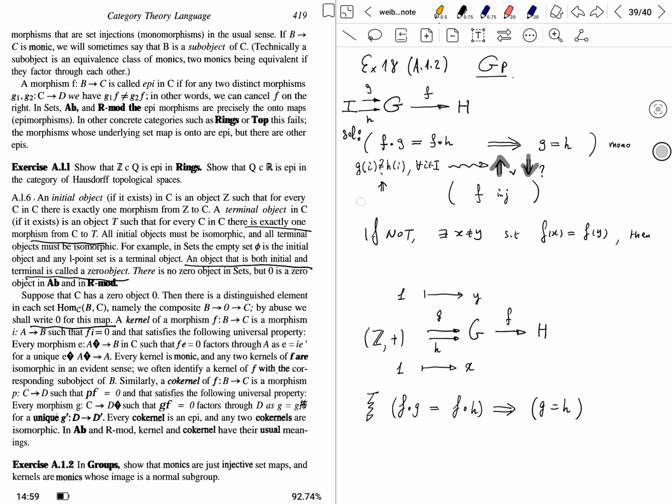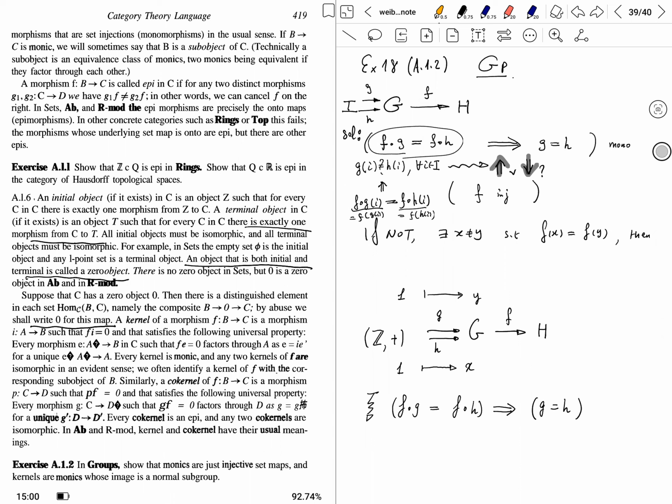F composed with G evaluated on i equals F composed with H evaluated on i by assumption. So F of Gi equals F of Hi, and this implies Gi equals Hi.